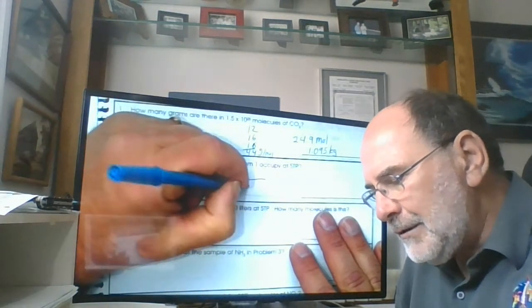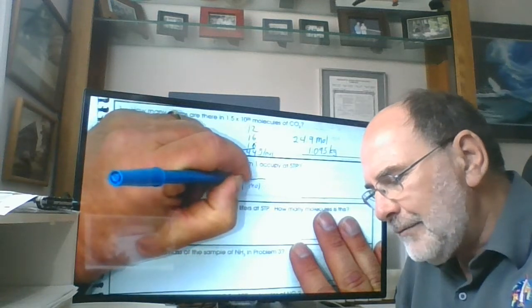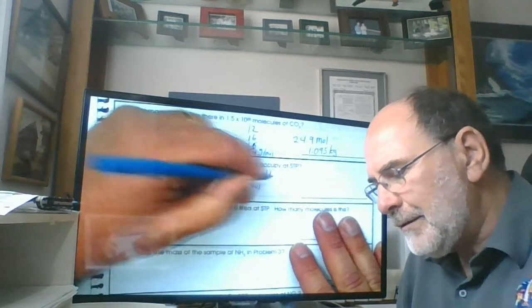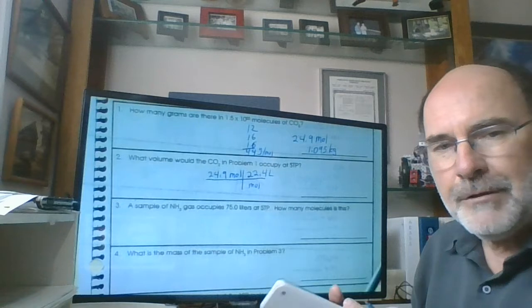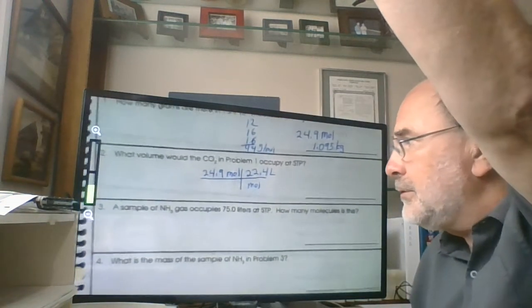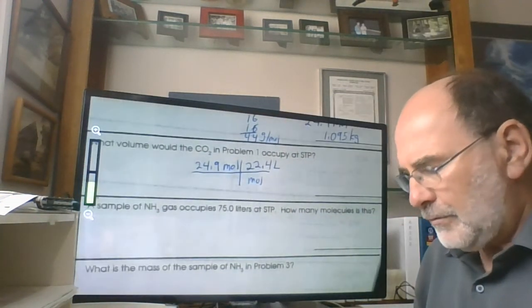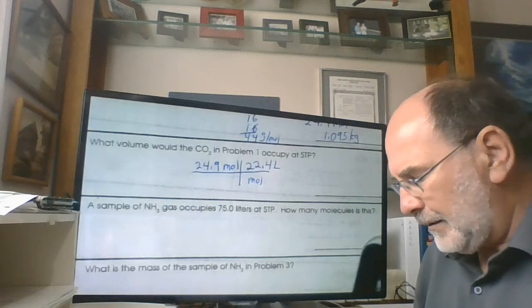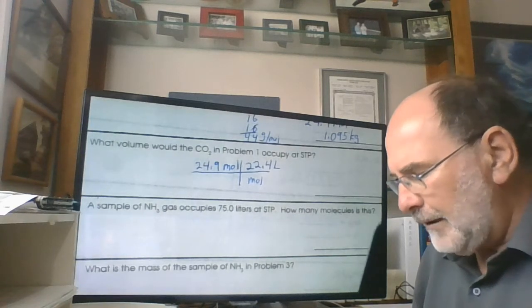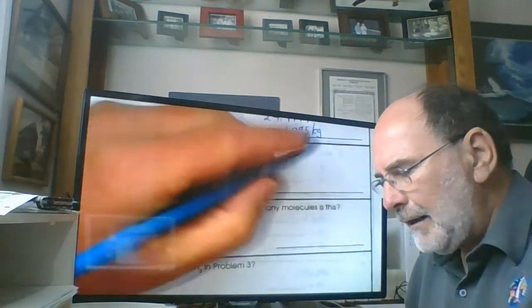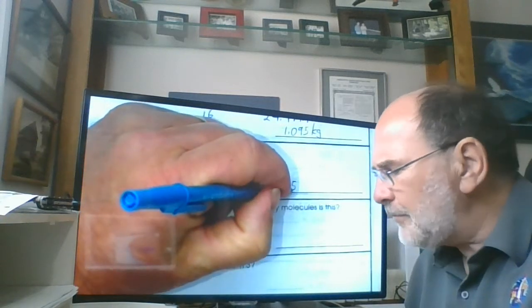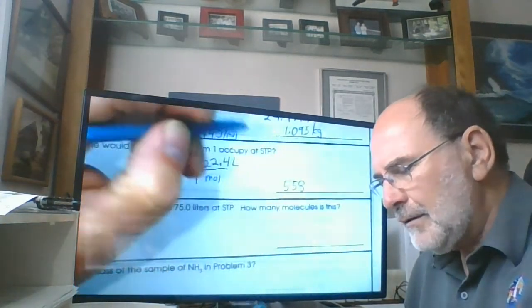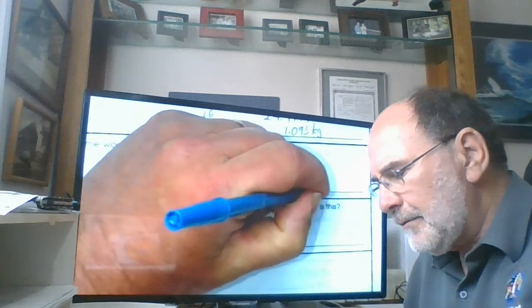Each mole occupies a volume of 22.4 liters at standard temperature and pressure. So 24.9 times 22.4, and I get 558 liters.